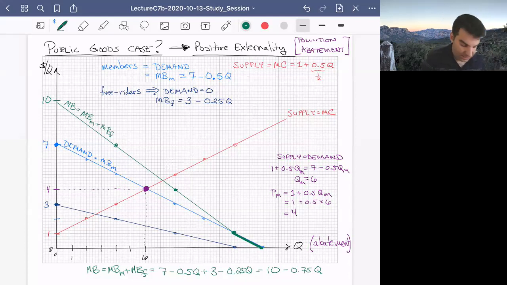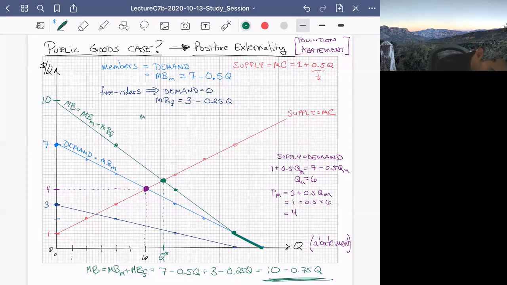And by doing that, I can see that if I was in an ideal world where everyone paid in, everyone contributed to demand, then this here would be the socially efficient equilibrium. That's where I take my total marginal benefit and set it equal to supply.